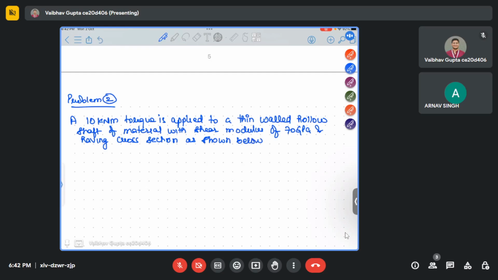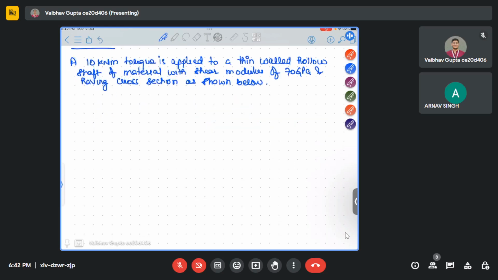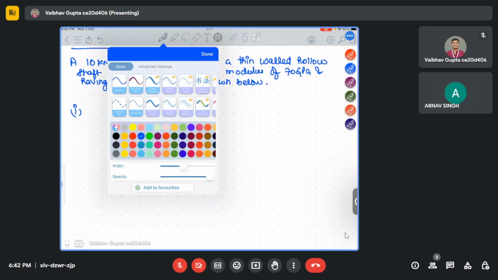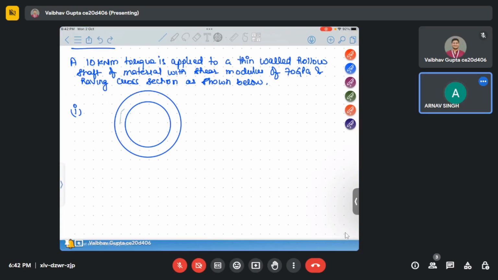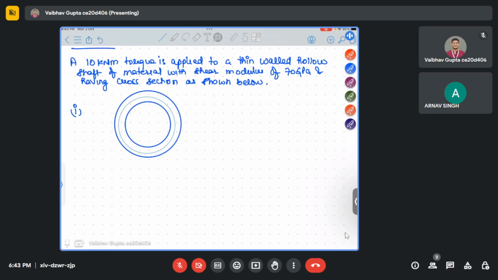So we have to find the following things. First, we'll solve for two cross sections. First is the hollow circular cylinder, thin walled.